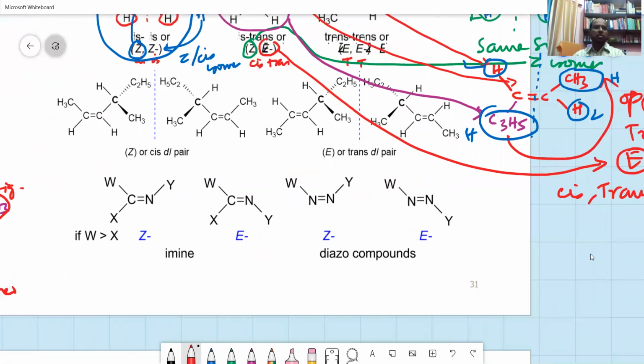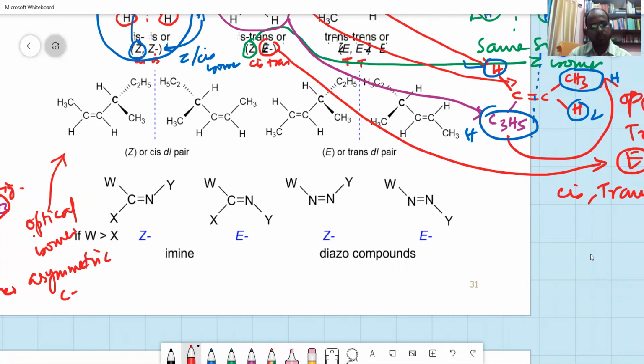And within this, you are going to have the optical isomers also. The optical isomerism is when you have an asymmetric carbon atom. You can see here, this one is an asymmetric carbon atom, and four different groups are there.